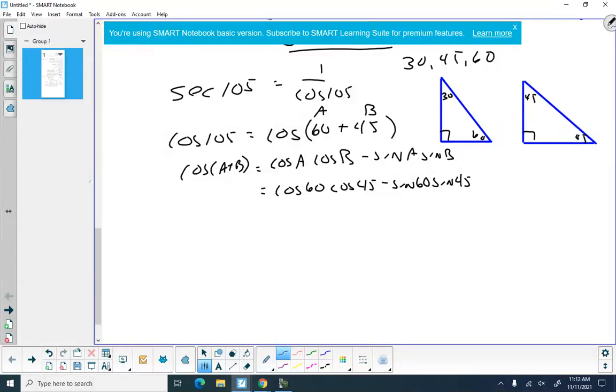We have our 30-60 and 45 triangles: 1, 1, square root of 2, and 1, 2, square root of 3. Looking at your triangles, what is the cosine of 60? What is the cosine of 45? Once again, rationalize that. What is the sine of 60? What is the sine of 45?